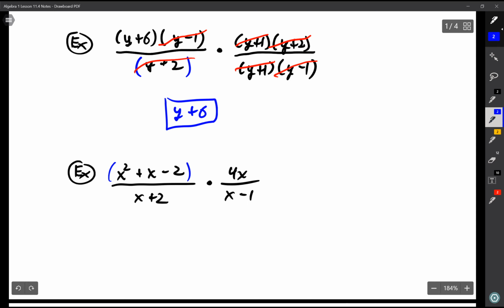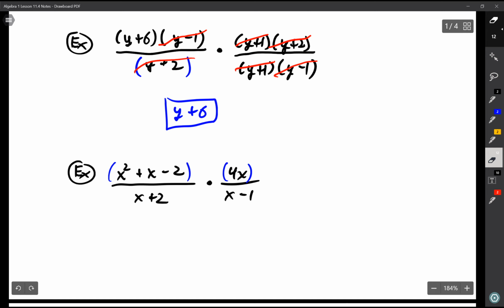But what you want to look for first is, can you factor? So we should ask ourselves, can I factor that?